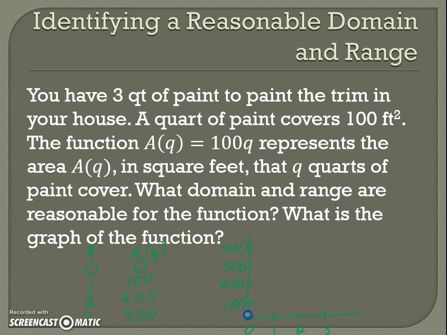So at 0, I'm here. 1 goes here. 2 goes out there. And 3 is here. And then I would connect those dots because this is a continuous thing. I don't have to use exactly 1 quart of paint. I could use 1.5 or something like that. So there is a reasonable graph right there of the paint usage.